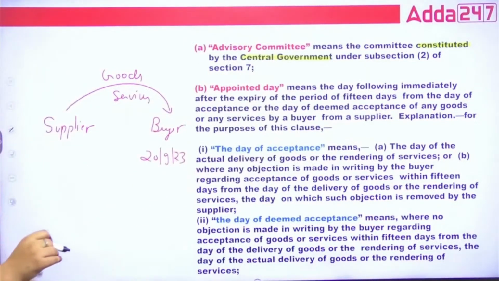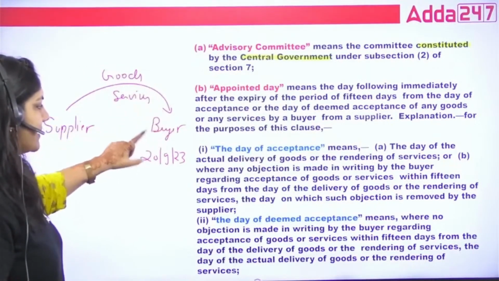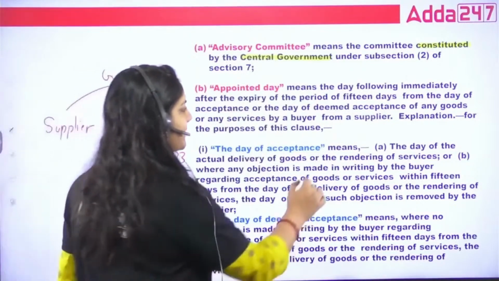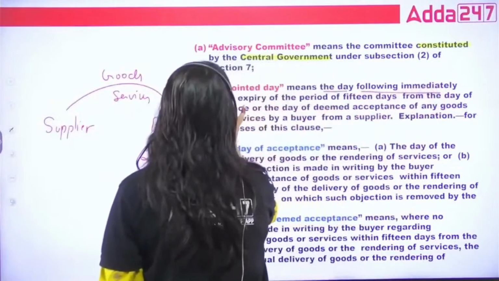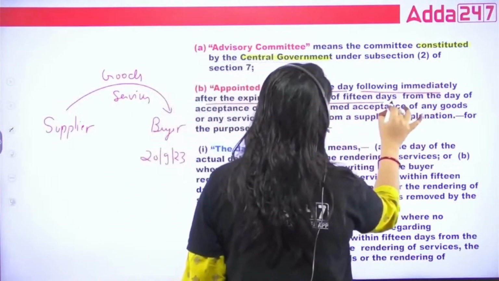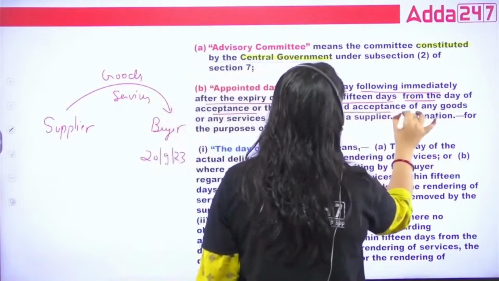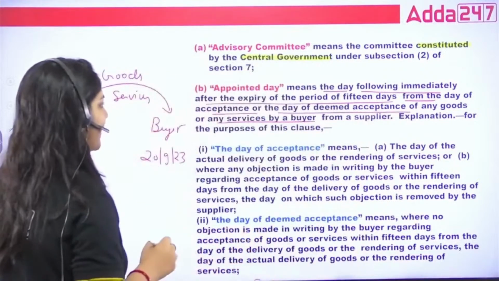So if the supplier has given any goods and services to the buyer on 2/9/2023, appointed day means the day following immediately after the expiry of a period of 15 days from the day of acceptance or the day of deemed acceptance of any goods and services by the buyer from the supplier.